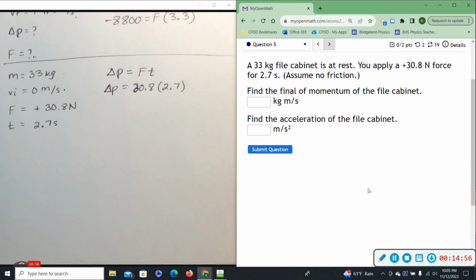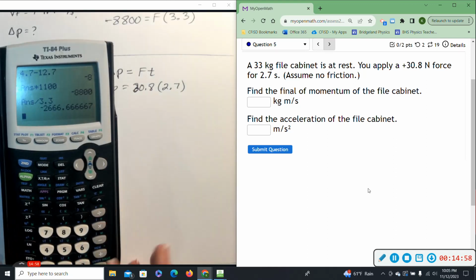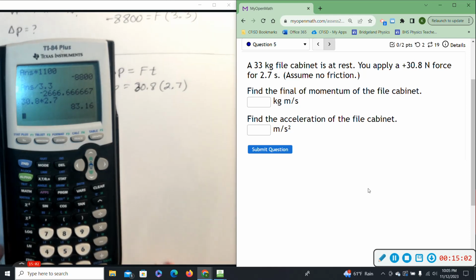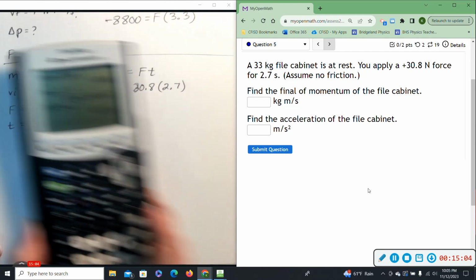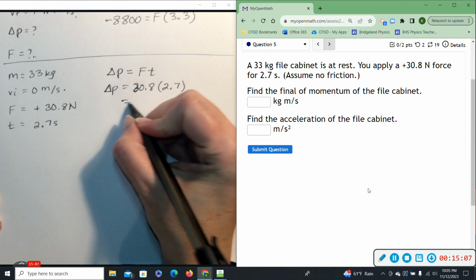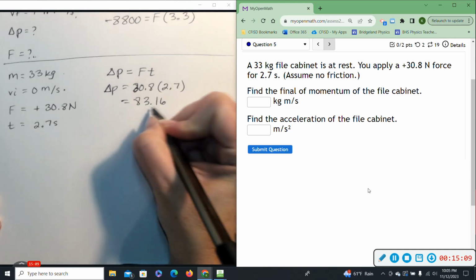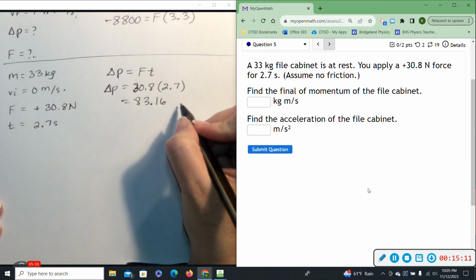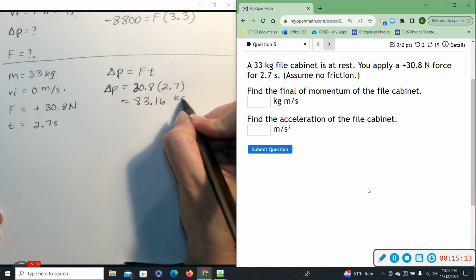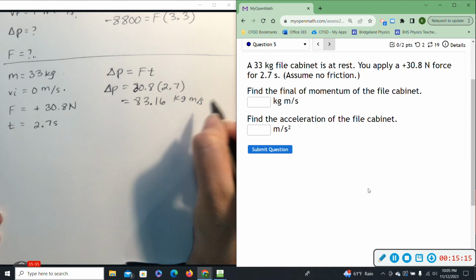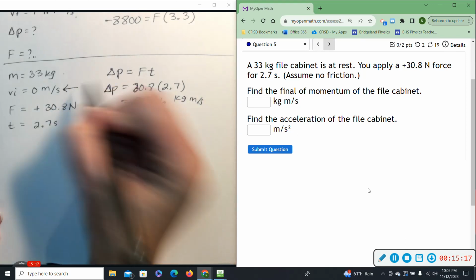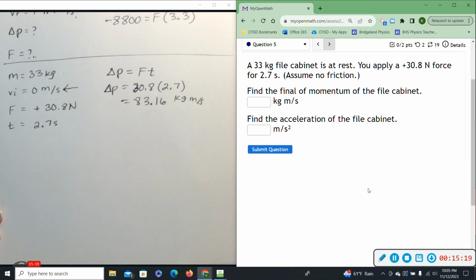Okay, so let's go ahead and do that. 30.8 times 2.7 tells me that my change in momentum is 83.16. Okay, so if that's my change in momentum, and my initial momentum was 0, and I know that because my initial velocity is 0, then that means that my final momentum must be equal to 83.16.